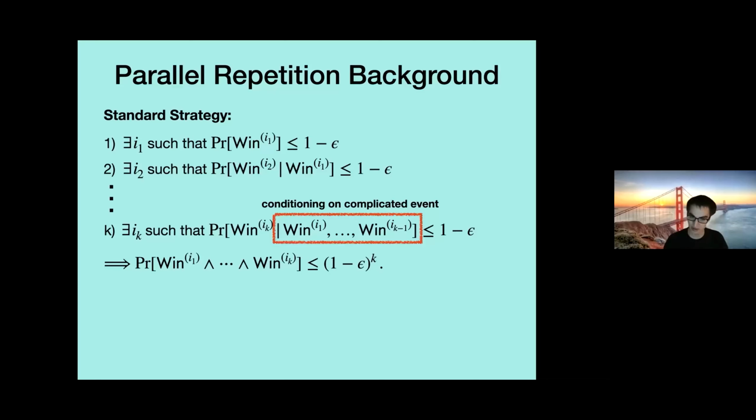And so usually at the core of a parallel repetition theorem is some claim like for all events, there exists some coordinate such that when you condition on the event, there's still a coordinate that's hard to win. And I've redacted a little bit about the claim because as written, this is absurd. There are some events you can come up with that just specify exactly what all the queries are to every player, and then it's easy to win if you know what all the queries are. So usually we'll say it's for an event that happens with large enough probability, a big enough event.